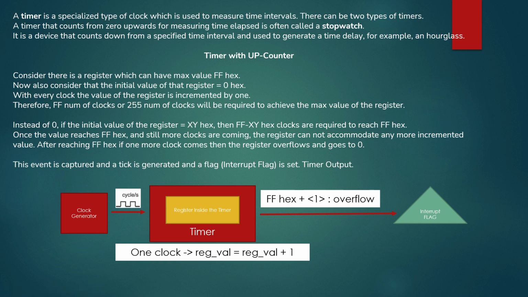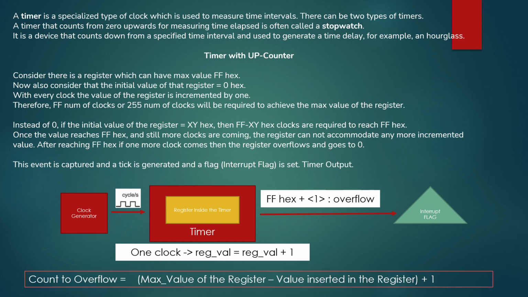Eventually it will reach FFX, that is the maximum value 255, and after that when one more clock comes to this circuit, it will overflow, and when it overflows, it will set a flag that is known as interrupt flag due to timer. So this is the concept of timer with up counter.